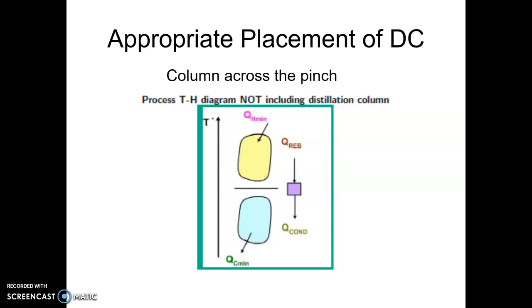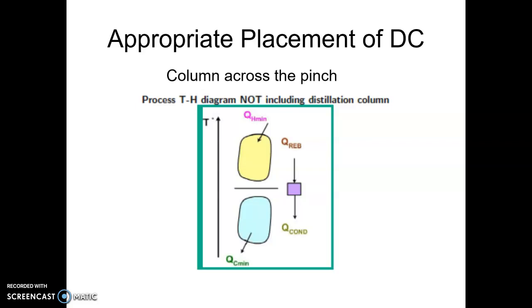So now what we try to do is exchange energy between the process and the reboiler, and we try to check, with reference to the temperature of the pinch and the temperature of the distillate and bottom, how the distillation column should be placed so that we have the benefit of exchanging energy.